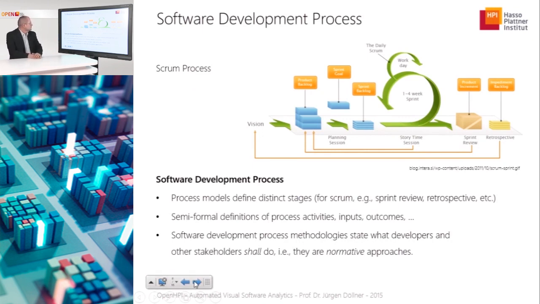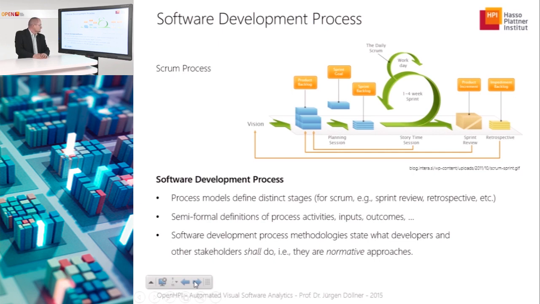Software development processes, for example, here is a Scrum process, define distinct stages that have to be processed and achieved. They are typically semi-formal definitions of process activities, inputs, outcomes, and rules of involved people.